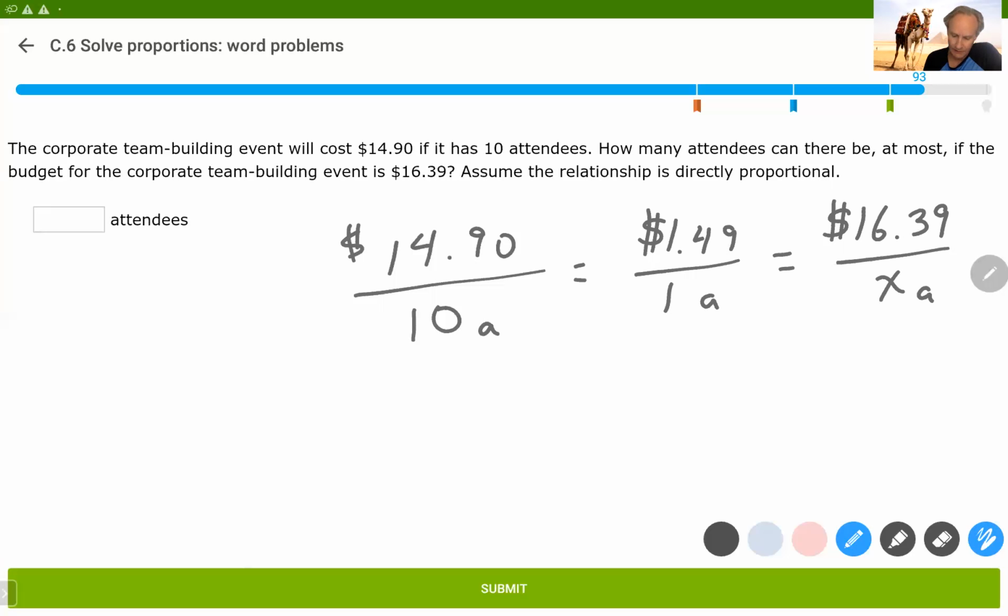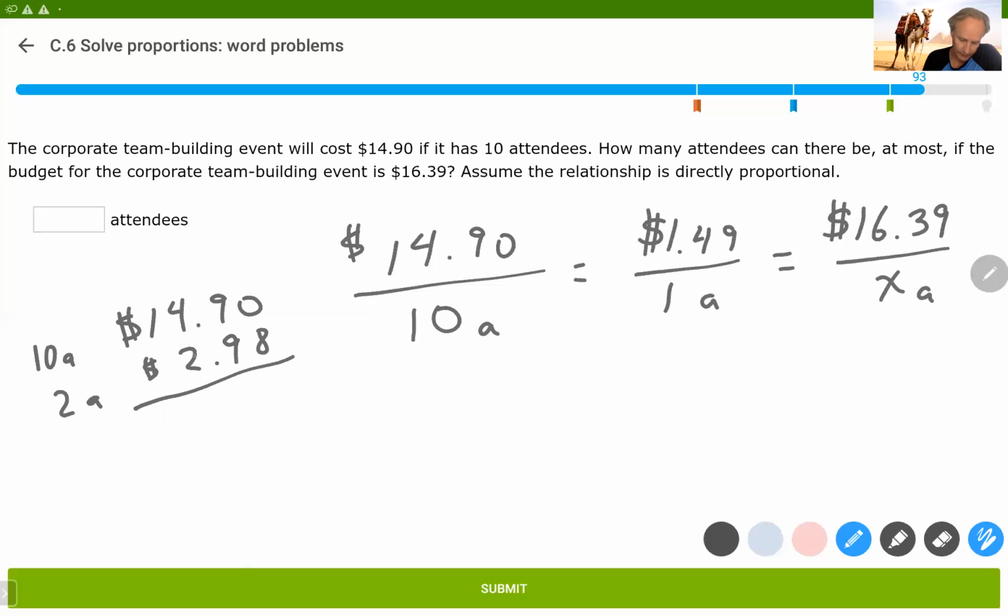Can y'all see what I mean? For $14.90, if I add 2 more attendees, that is $2.98. That's 10 attendees and 2 more attendees. And we're looking at 17, wait a minute, that's too much.